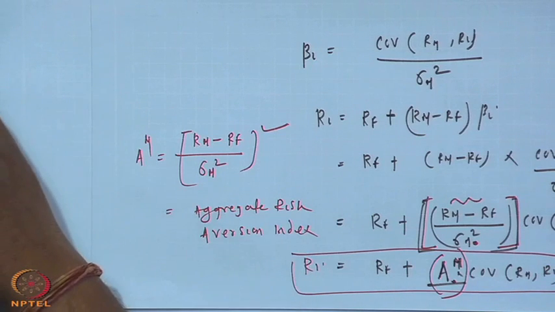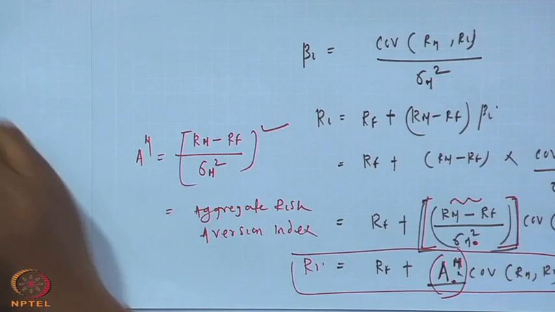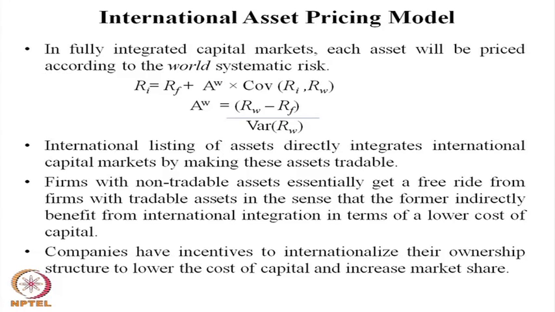Then the question is, what is this? In a fully integrated capital market, each asset will be priced according to world systematic risk. If the market is 100% integrated, with no barrier to the movement of capital, then Am becomes Aw.